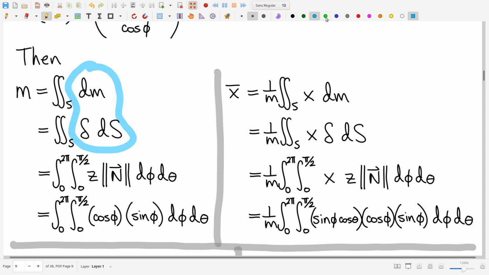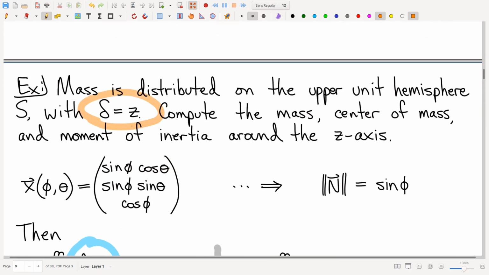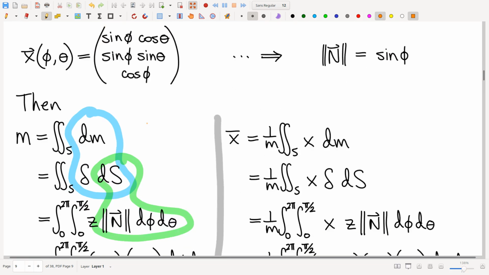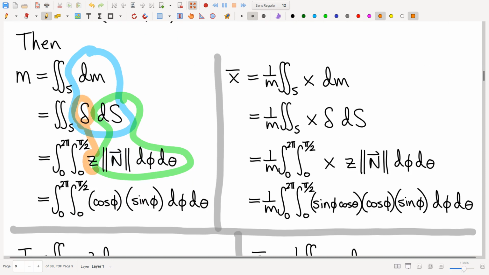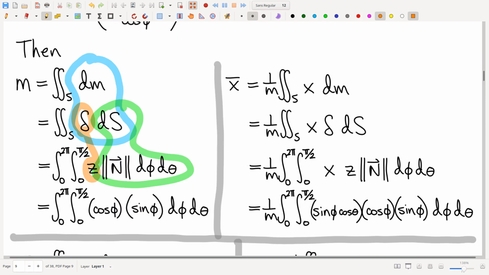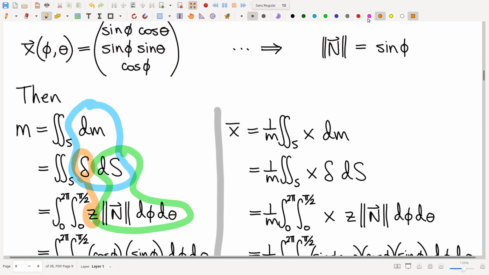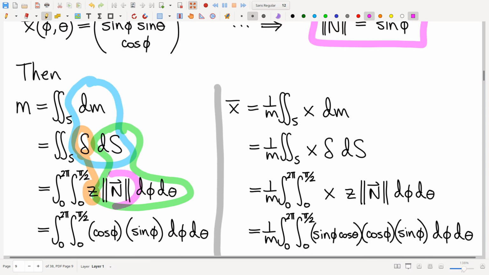From the previous page, we have that dS is stretching factor times whatever our parameters are, so d phi d theta in this case, right? Because those are our parameters. We were explicitly given in the statement of the question that density was z. So mass per unit area is z. We've already computed, conveniently, that our stretching factor is sine phi. It's just all plugging in.